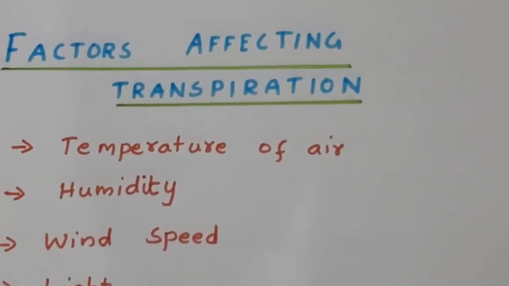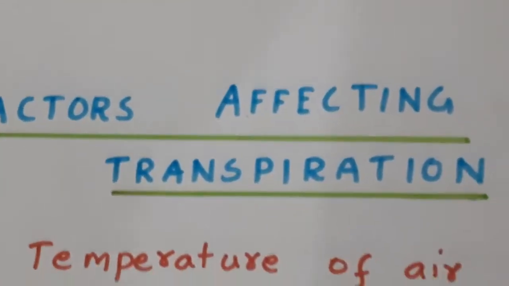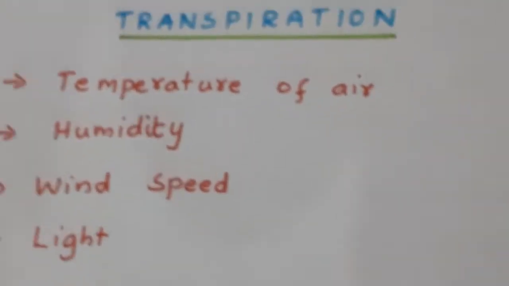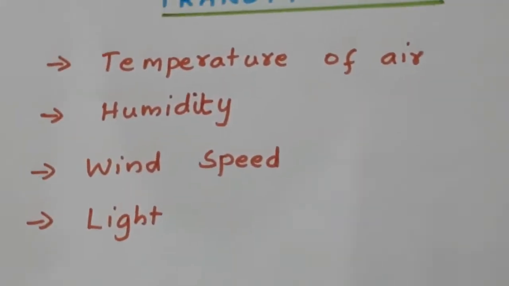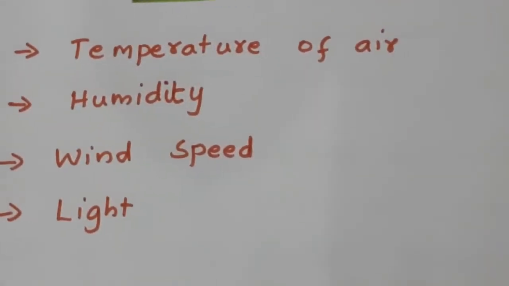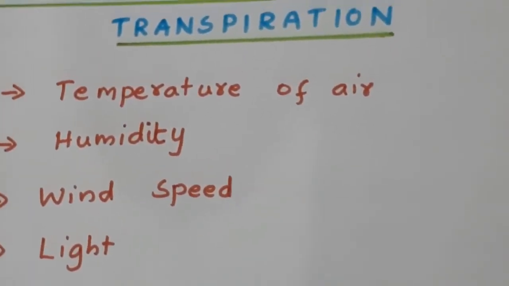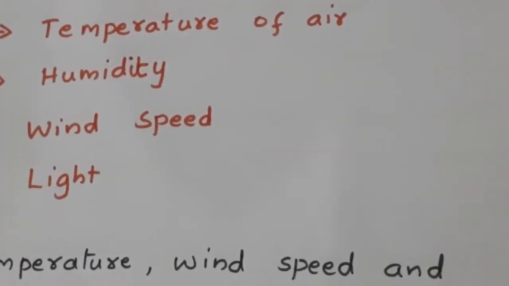Now we will see the factors affecting transpiration. What are the factors affecting transpiration? First factor is temperature of air. The temperature of air, how much hot or cold that temperature is. Then second thing is humidity. Humidity means what? The amount of water in the atmosphere. That is what we call it as humidity.